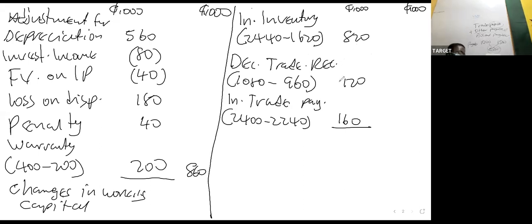So now let's come. Increase in inventory. Is it inflow or outflow? When inventory increases, is it inflow or outflow? Outflow. It's an outflow because we are now buying more goods, paying money. So outflow should be negative. Decrease in trade receivable.